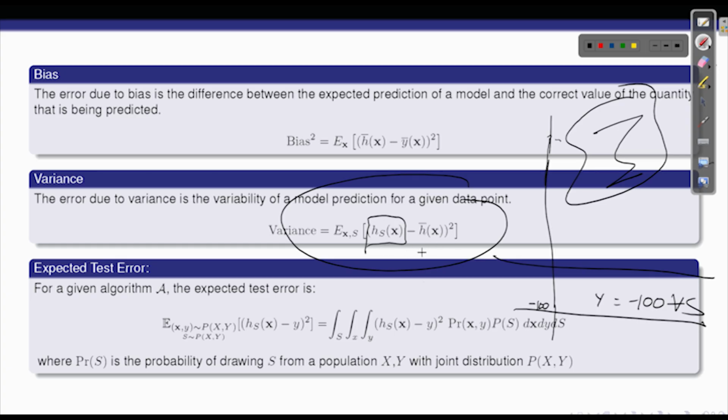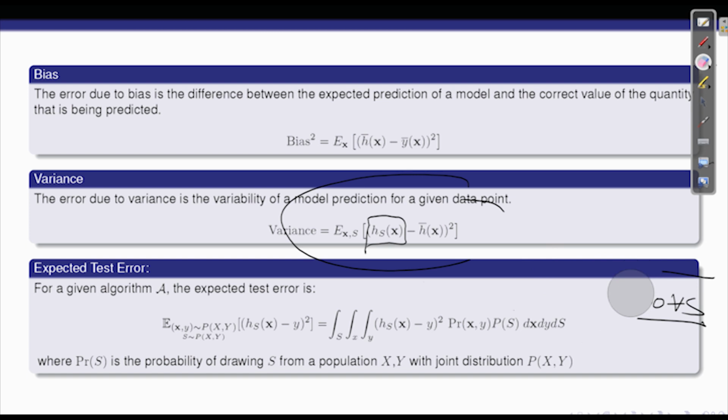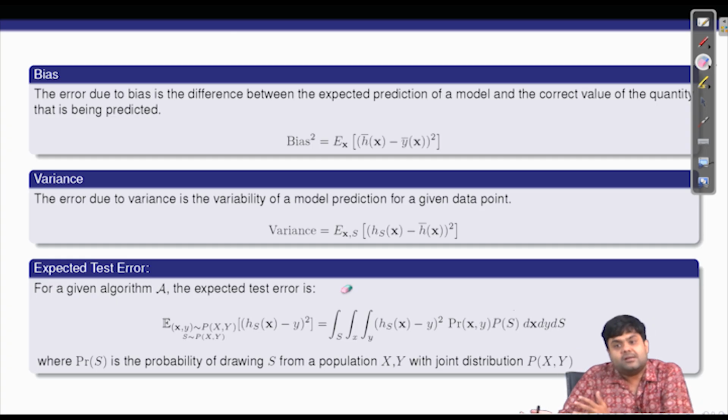So their difference will be 0, and the variance will be 0. So low variance doesn't necessarily mean it's a good predictor, but it means that for different samples it gives you close predictions. There is not much difference between the predictions constructed from different samples.